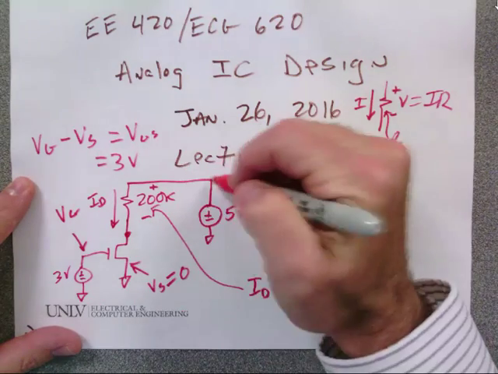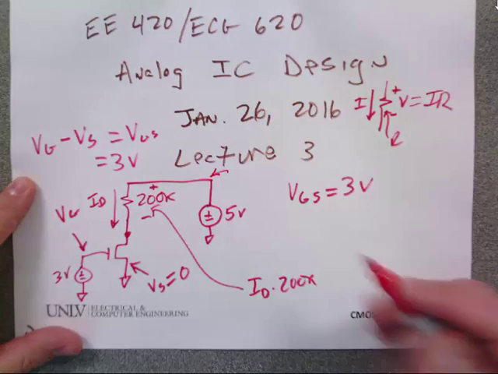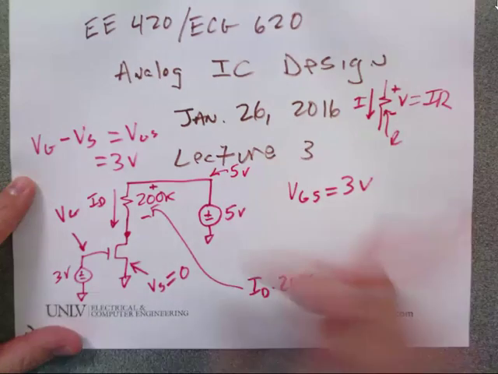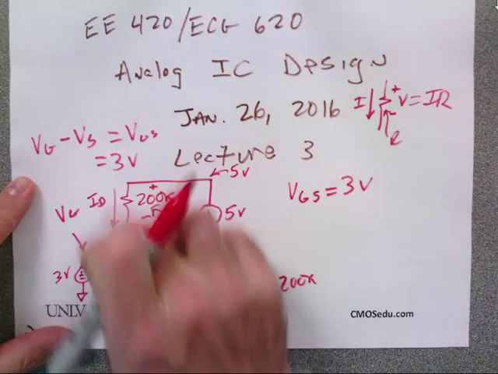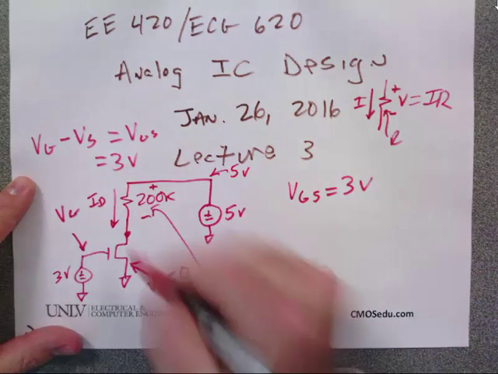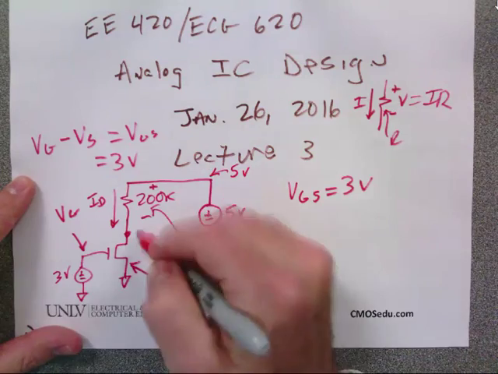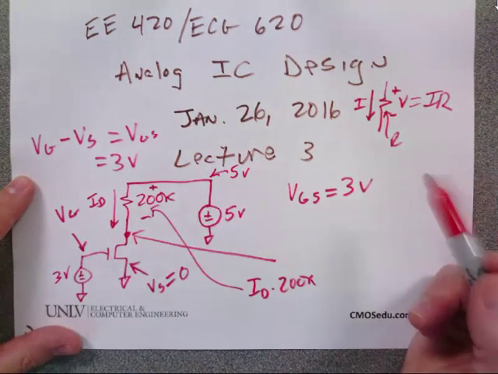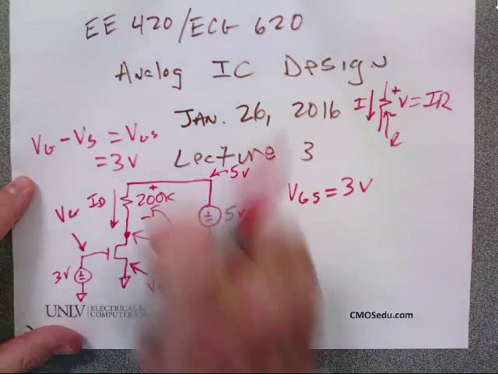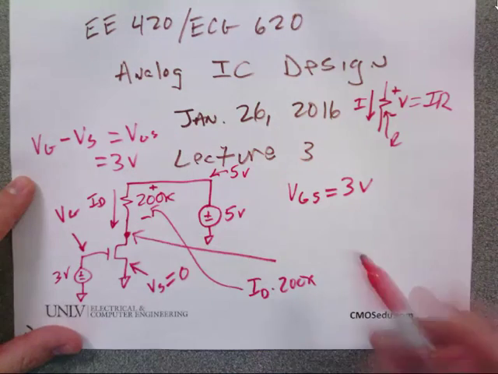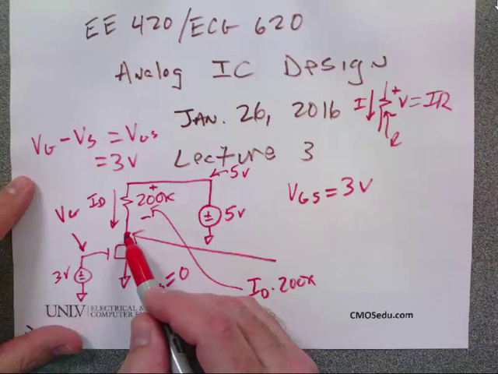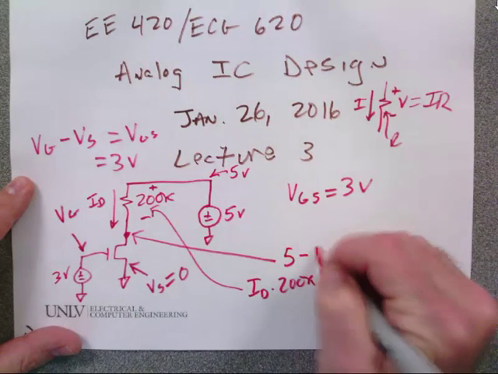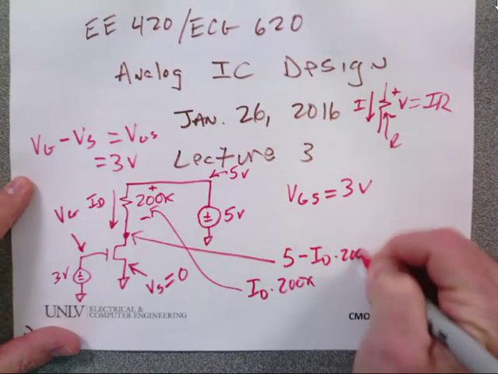Okay, so what's the voltage here? 5. And then you just told me there's a voltage drop there of ID times 200K, so this is exactly what I went over at the beginning of the lecture. If I drop down a potential by that voltage drop, would everybody agree it's 5 minus the voltage drop? So what's the potential here? 5 minus ID times 200K.